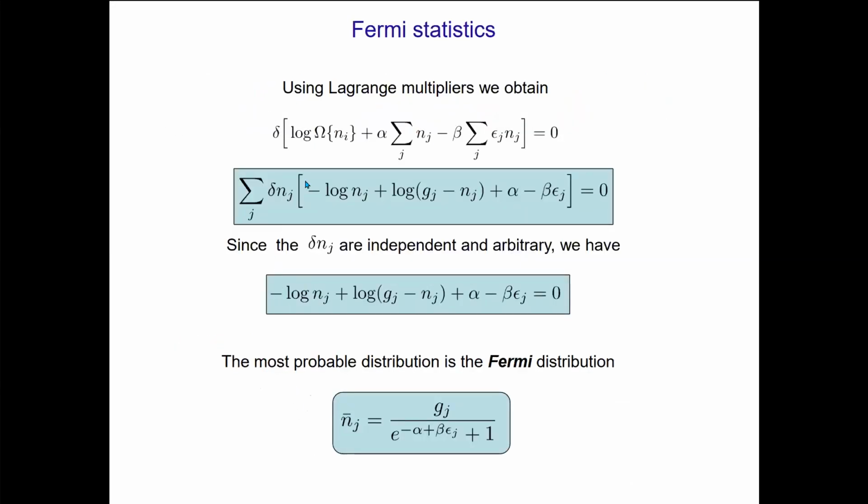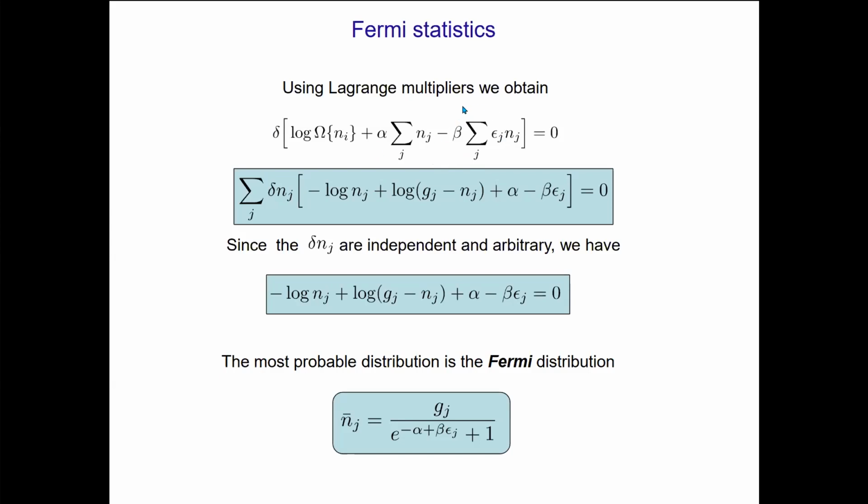We take the log of the multiplicity given in the previous slide, add two constraints with arbitrary coefficients alpha and beta, and then, as in the Lagrange multipliers technique, we assume that now all Nj in this variational problem are not constrained.